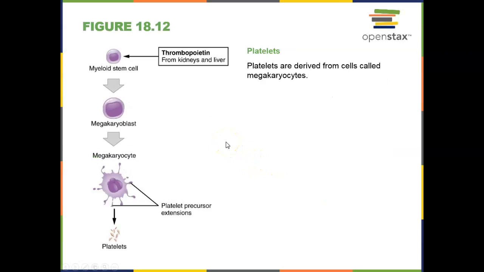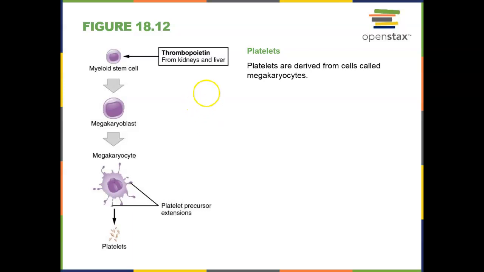The last type of cell then is our platelet. The last cell type is derived from a larger cell called a megakaryocyte. Platelets aren't actual cells, they're pieces of a cell.